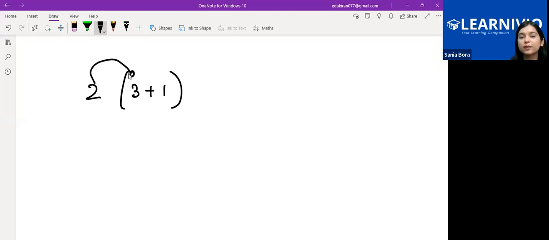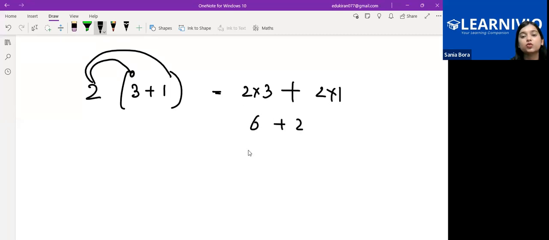You will first multiply over here, so it would be 2 multiplied by 3, then plus, and then 2 multiplied by 1. So 2 multiplied by 3 is 6, plus 2 multiplied by 1 is 2. 6 and 2 is 8. Got it?